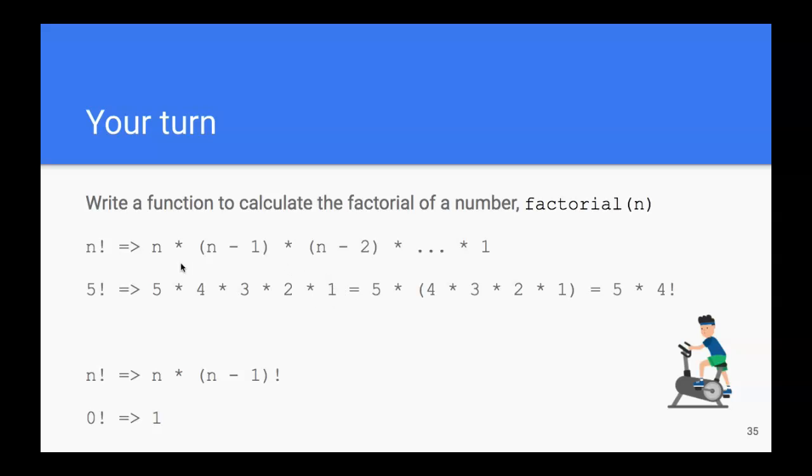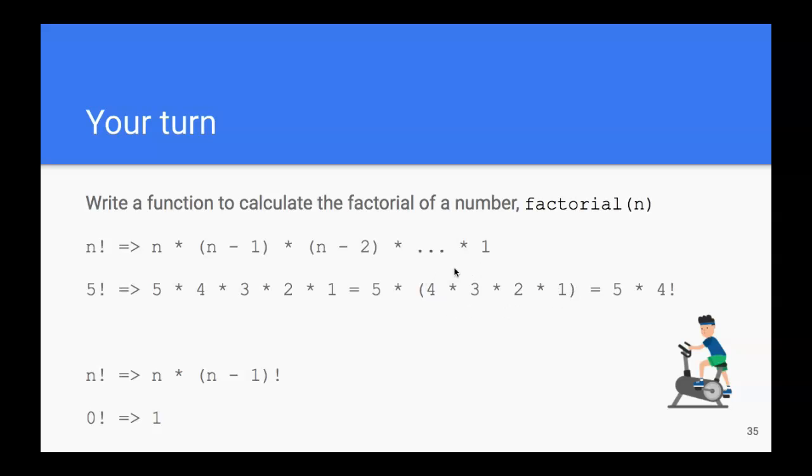And if we want to define this in terms of recursion, let's look at this example in particular. 5 times all the way to 1 is equal to 5 times, but the 4 times 3 times 2 times 1, we do that first.